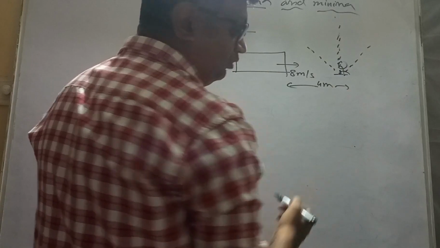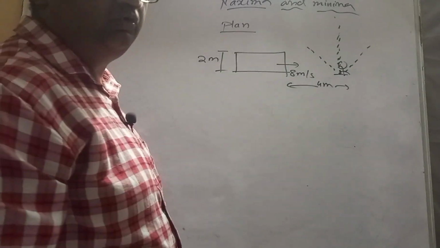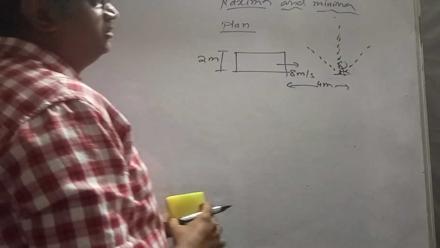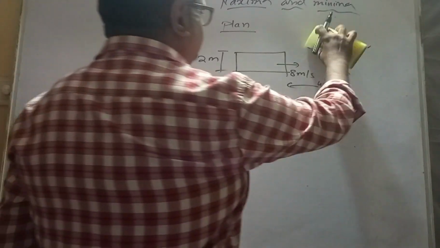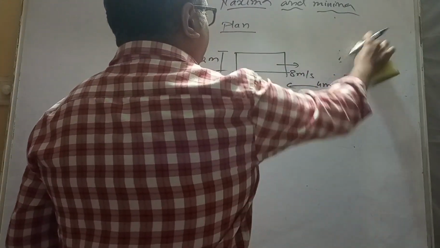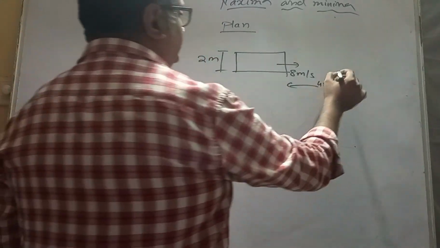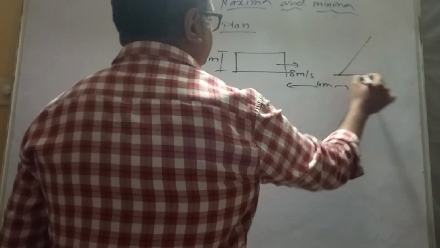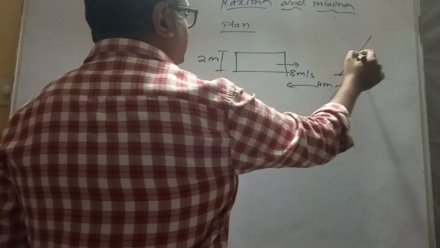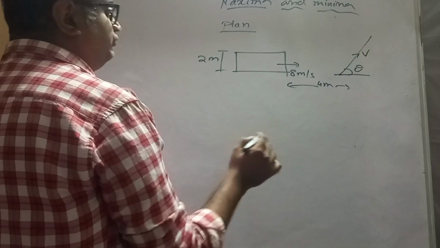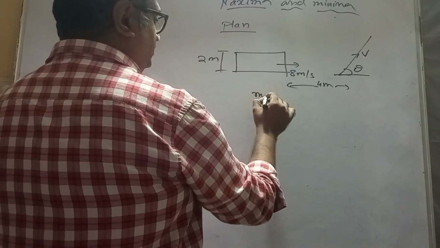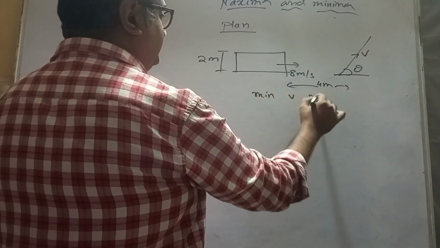We don't know at what angle he is going to go and cross the truck. So let us say he is going at some angle theta with the horizontal with v speed. We have to find this minimum v speed.